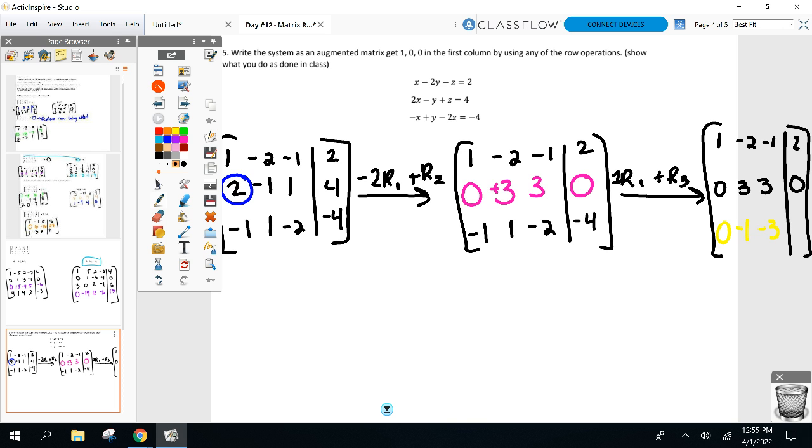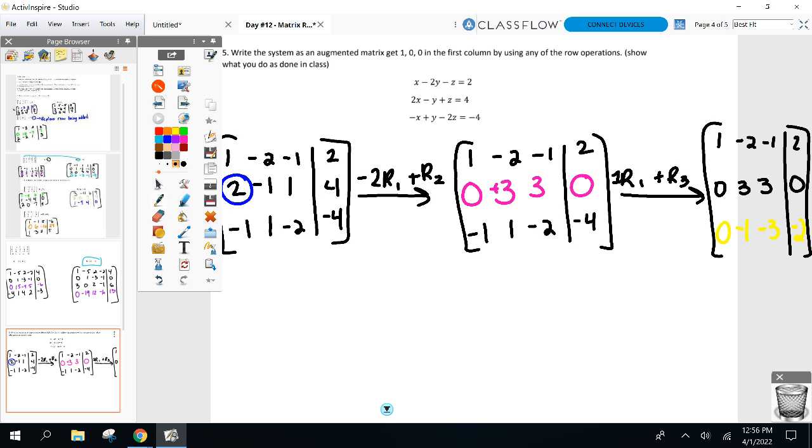What's that number there? -2. Okay, all good here? Before we try one more.